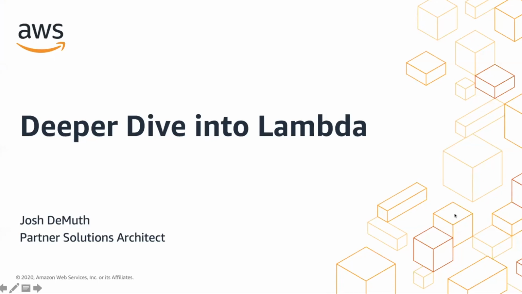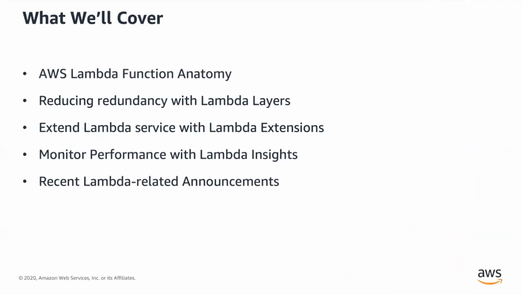So just to extend what Aaron has been speaking about, I'm going to do a little bit of a deeper dive into Lambda. Like I was saying, Lambda is by far one of my favorite services. First we'll discuss what makes up a Lambda function, and then we'll talk about how Lambda layers can help solve some of the complexity that Aaron mentioned before.